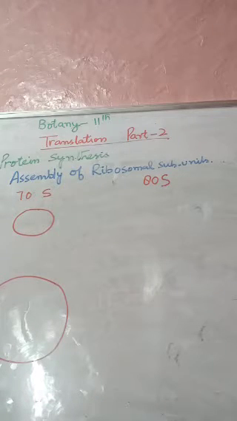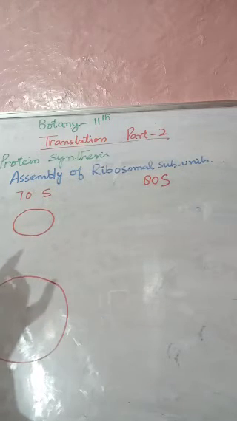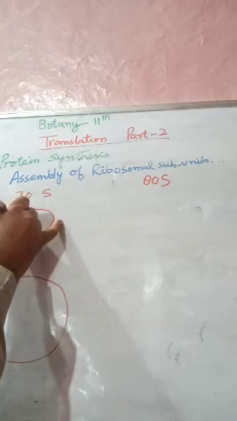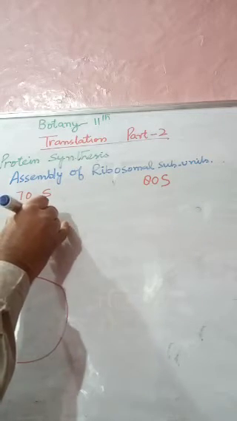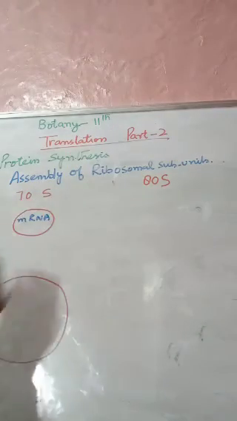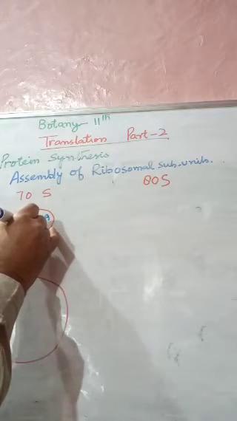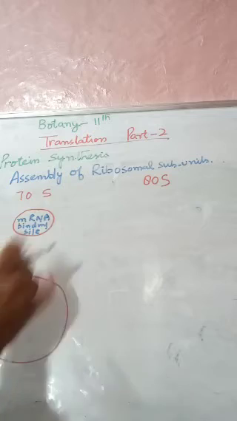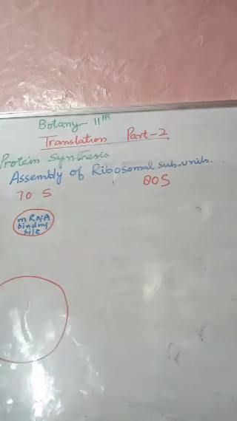Now the smaller subunit has an mRNA binding site. While the larger subunit has three sites.